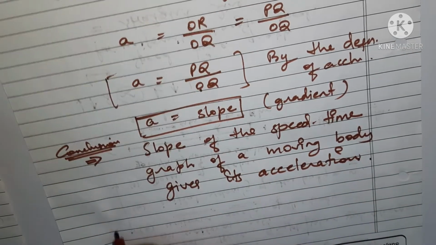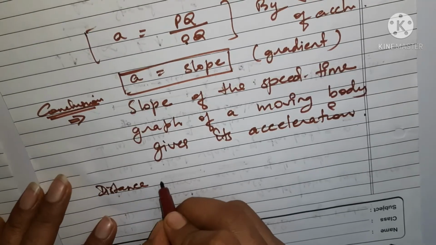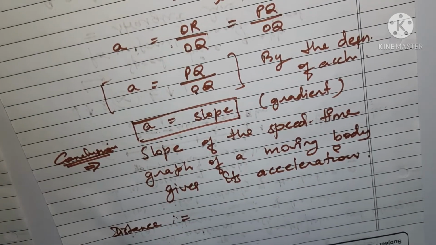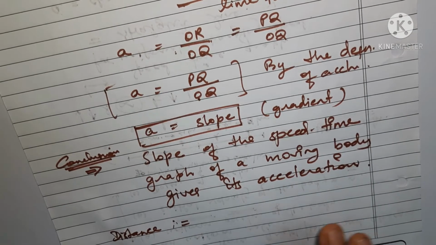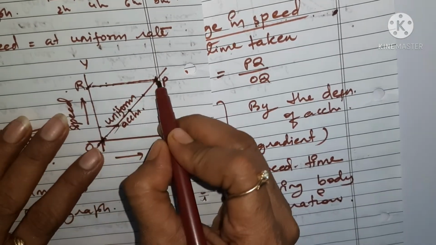Understood? Now let us find the distance. What is the distance traveled? When we talk about distance, the distance traveled by the body is given by the area covered by the graph. You can see the area covered by this line graph.